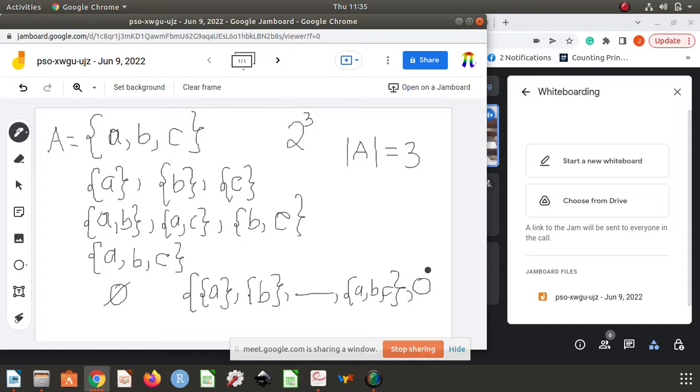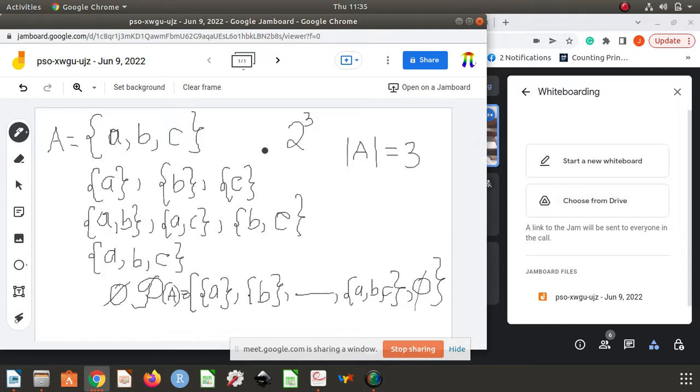And then the last one we have is the empty set. So what I have written down here is called the power set. Usually they use some fancy looking P. So this is the power set of the set A. The power set is a set consisting of all subsets of the set.